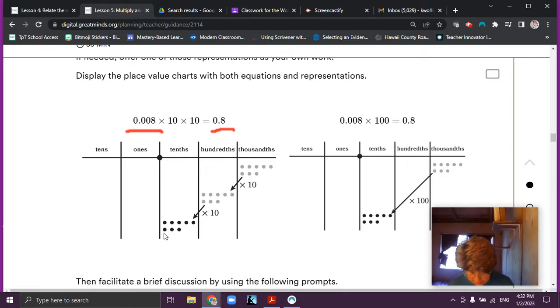Well, we already know that the 8 tenths is 100 times as much as 8 thousandths, right? So multiplying by 100 is the same as multiplying by 10 twice. And for every 10 that we multiply, we're moving to the left on our place value chart. Your numbers are getting larger, you're moving across the place value chart. Okay?